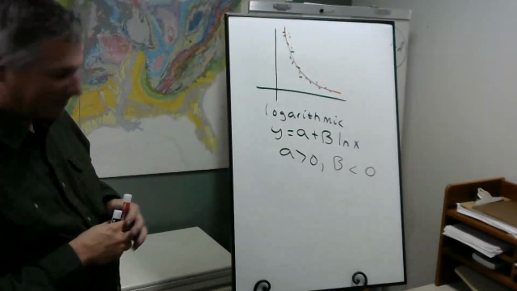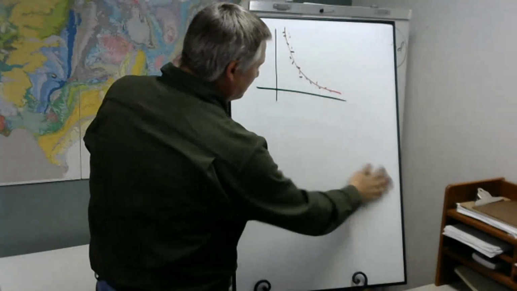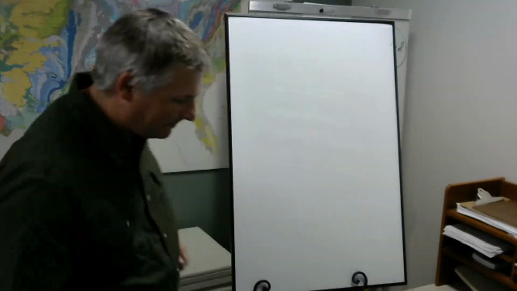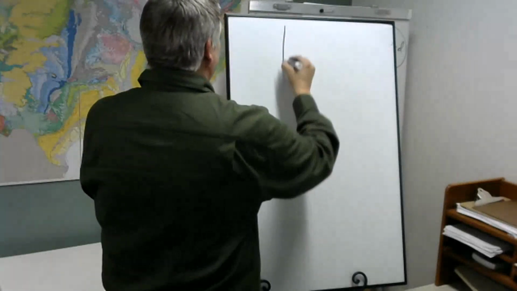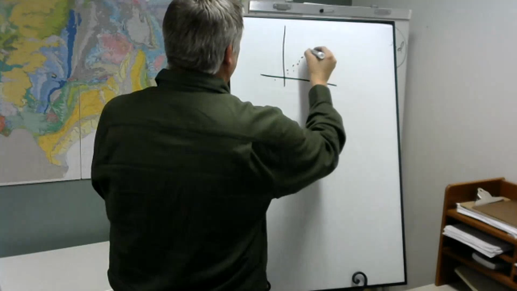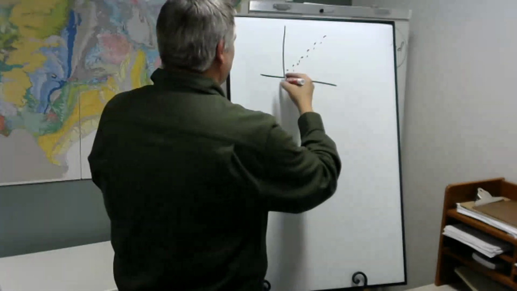All right. And finally, they have what are called linear distributions, or linear plots of data, rather. You can see this, and you might fit a line here.